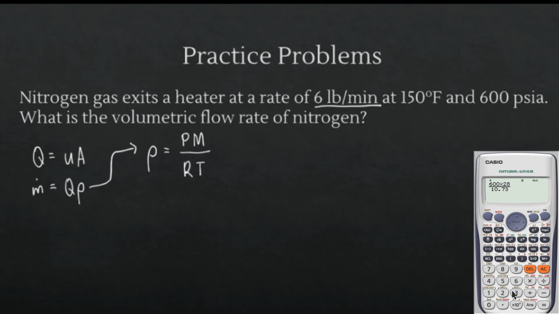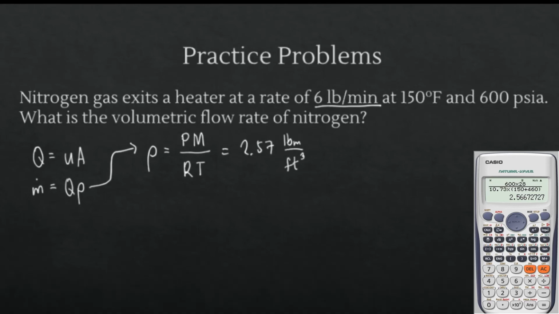The units are psi cubic feet over pound mole over Rankine. So our temperature should be in absolute units. We simply add 150 degrees Fahrenheit to 460 to make it Rankines. The density of nitrogen gas in this case is calculated as 2.57. The units are pound mass per cubic feet.